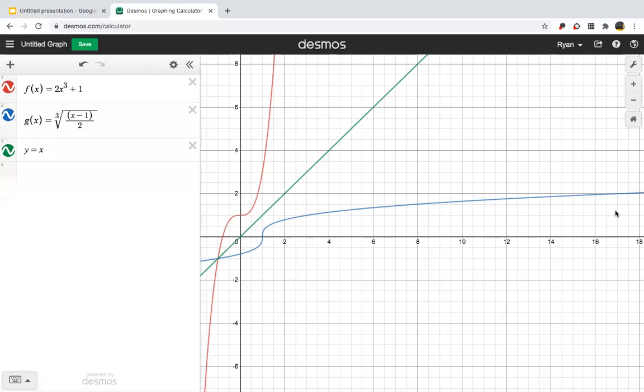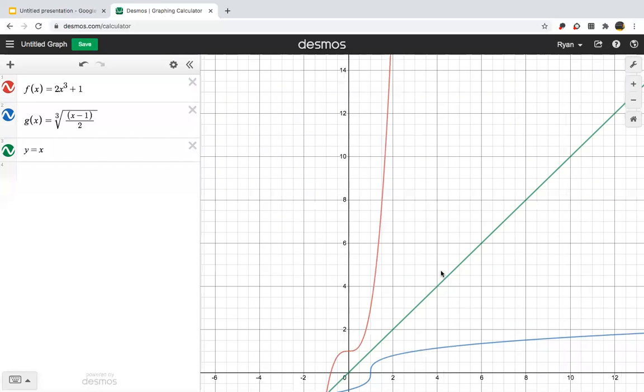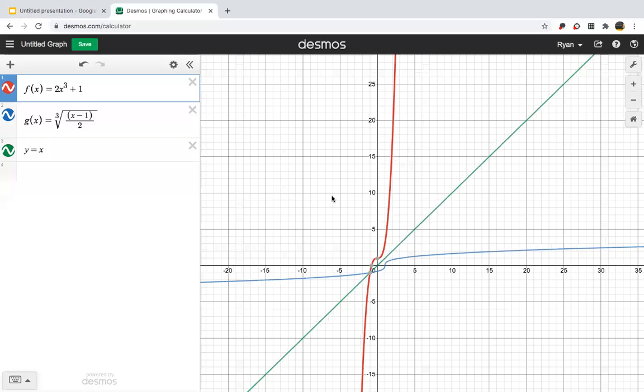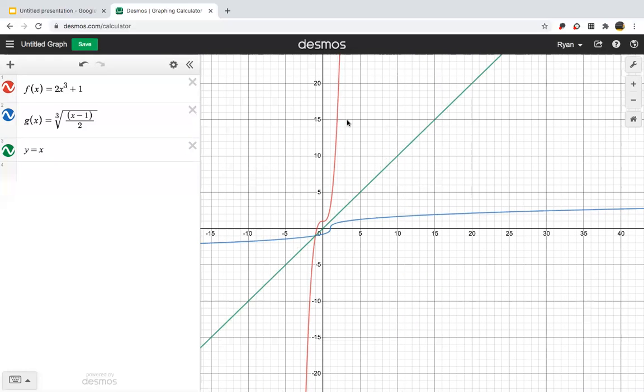Like, for example, right here, if this was really close to 18 comma 2, on this one I'd have to have 2 comma 18, like so. So your x's and y's are completely reversed. All right, so that is a graphical perspective.